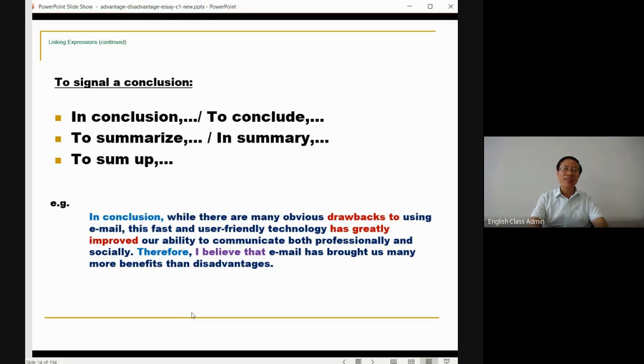And we use typical expressions for opinion. We can say, in my opinion, I believe that, or I strongly believe that. They help you to write the final comment and finish your writing.